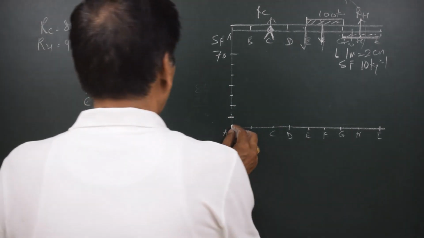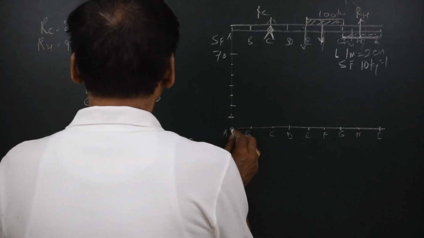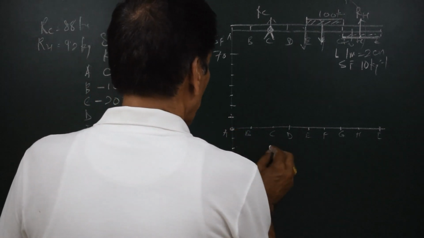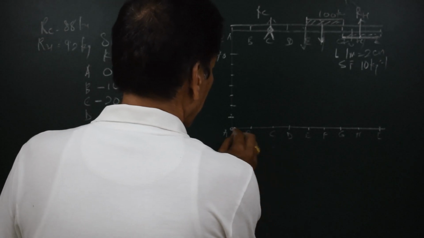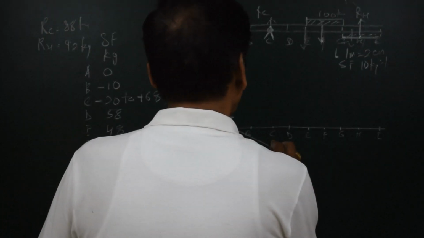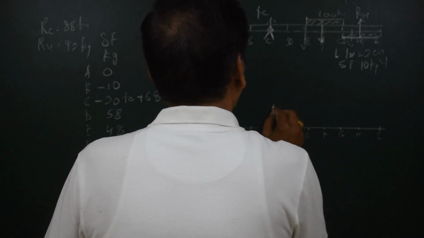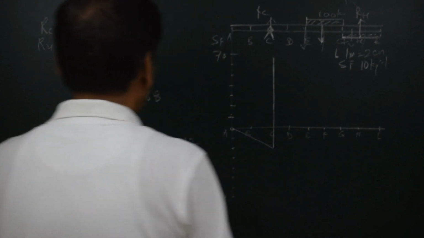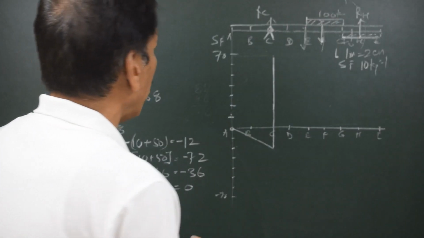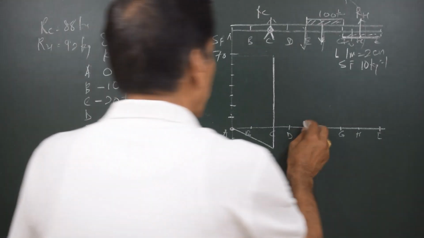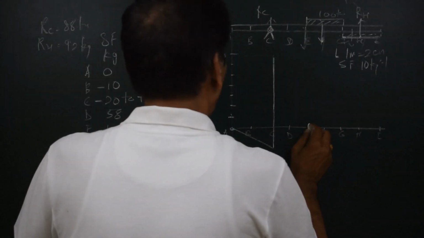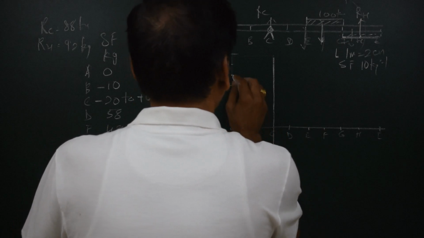So from A, which is 0, we go up to -20 at C, and then it jumps to +68, and thereafter at E the value is 48, 10, 20, 30, 40, 48.